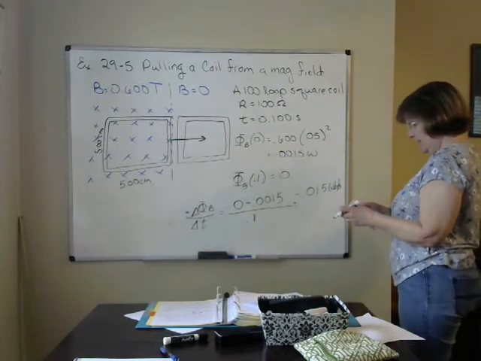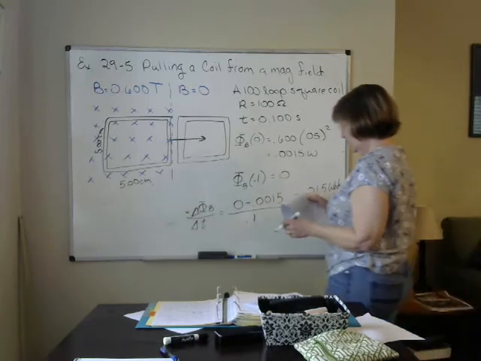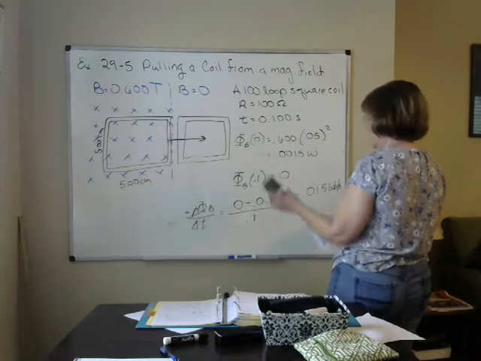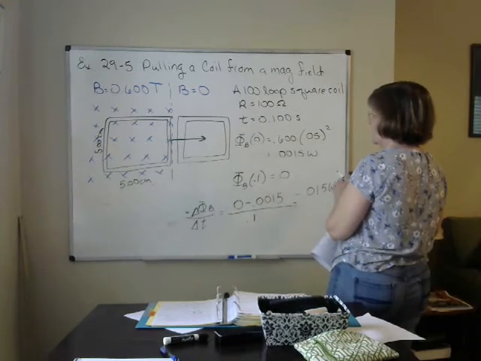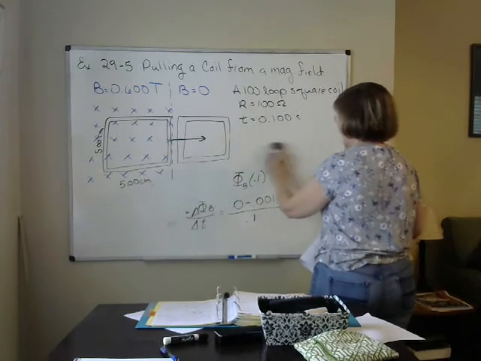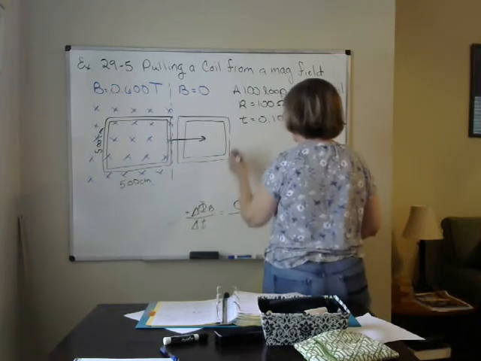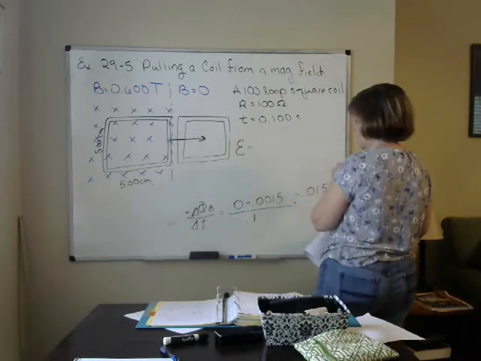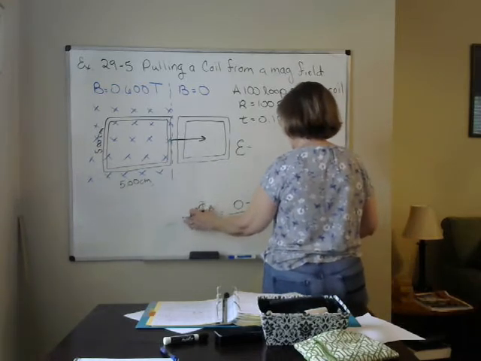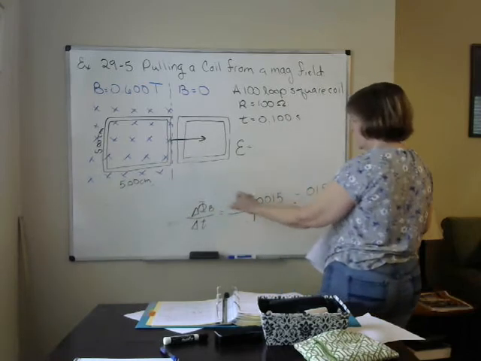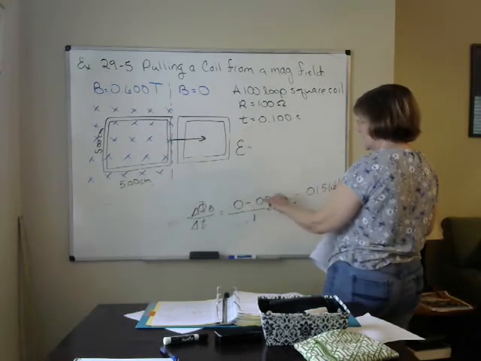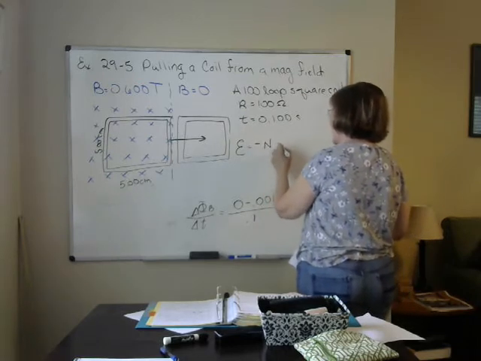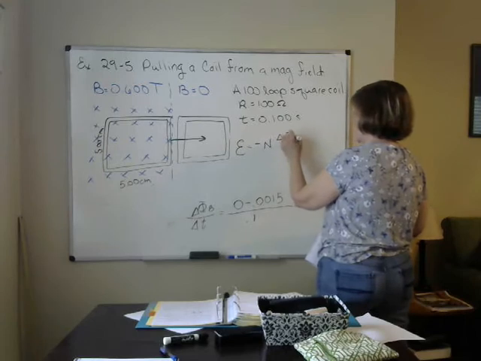Okay. If I do it for 100 loops, I can get the EMF. The induced EMF is, that's just change in flux, no negative, this final minus initial divided by the change in time. The induced EMF is negative N times the change in flux over time.